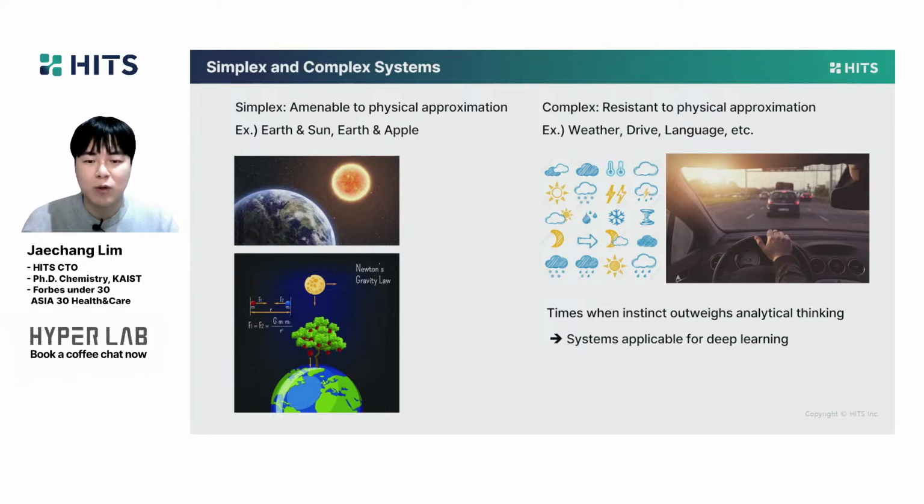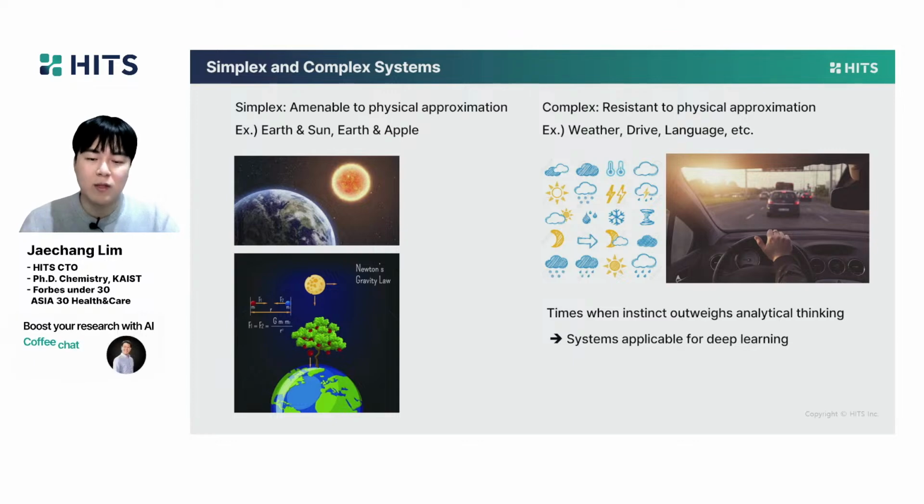For example, when predicting the trajectory of a rocket, physical laws are very accurate. We have very strong physical methods. In such situations, calculating through mathematics is more appropriate. However, for more complex problems like weather prediction, driving, speaking, or playing Go, intuition often works better.